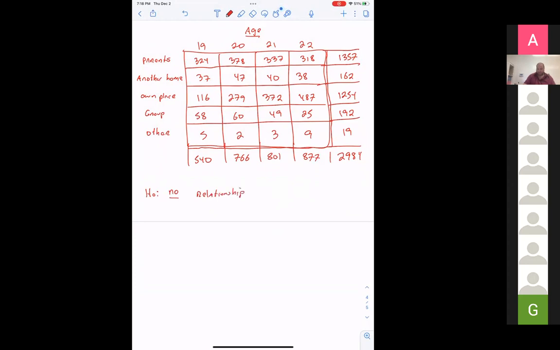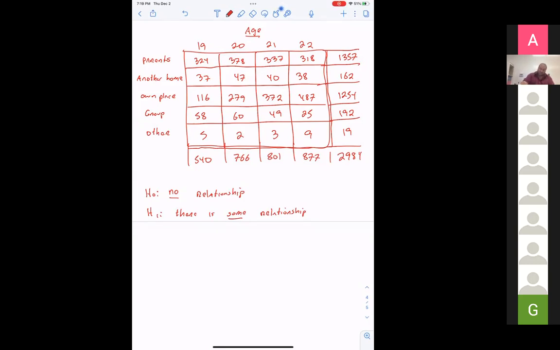And the alternative hypothesis will be there is some relationship. Any relationship that you can find at all is going to make us reject the null hypothesis. Whereas if there's no relationship, then we do not reject the null hypothesis.